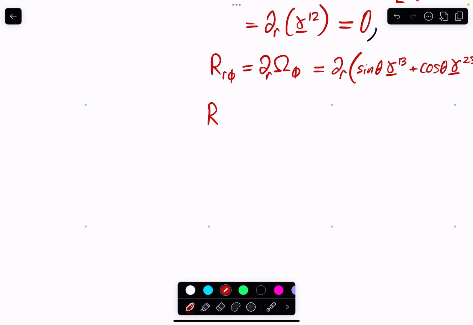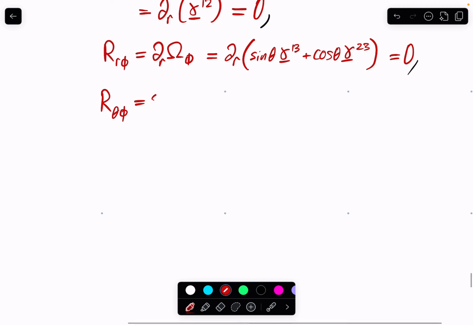So then the last bivector we have to consider is R theta phi. And this one is actually the most difficult one to calculate because none of the terms just disappear. So we have to calculate every single one.